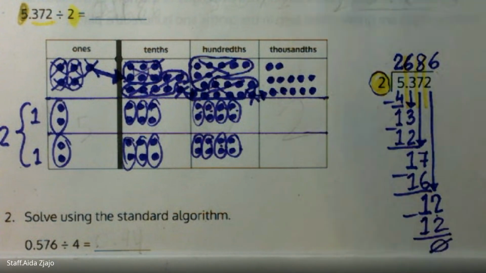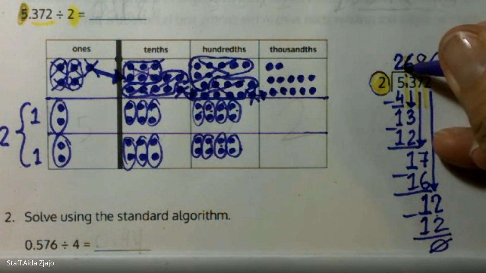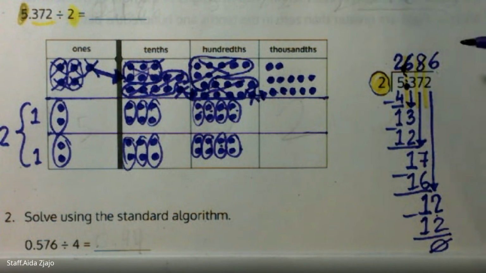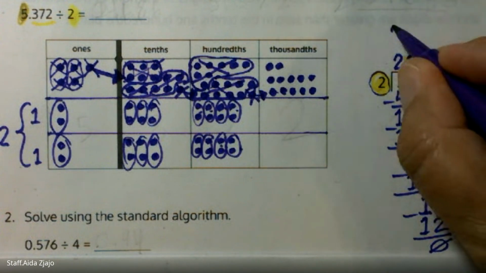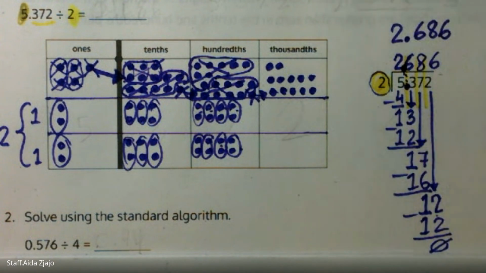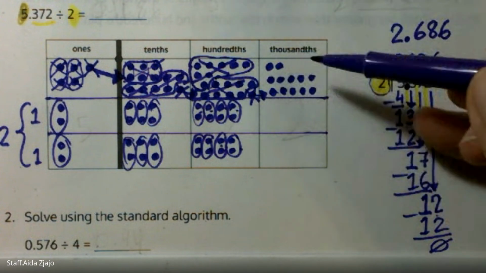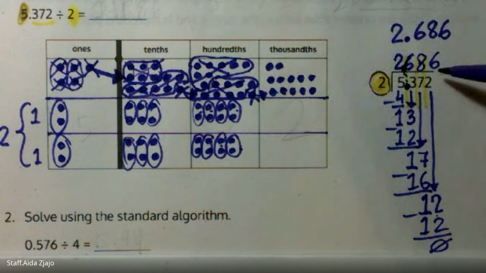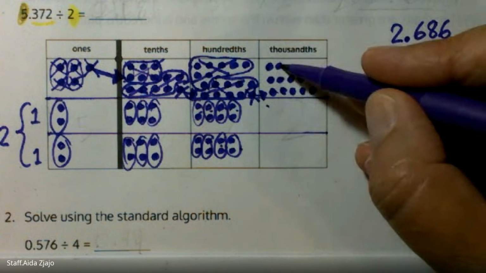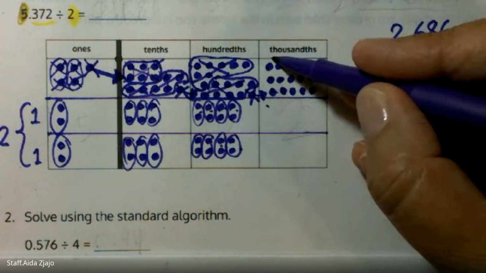So my answer in the decimal is going to be right where it was. And it will be 2 and, I'm going to rewrite, 2 and 686 thousandths. But we didn't share thousandths yet. So we needed to put 6 in each group. So 1, 2, 3, 4, 5, 6.